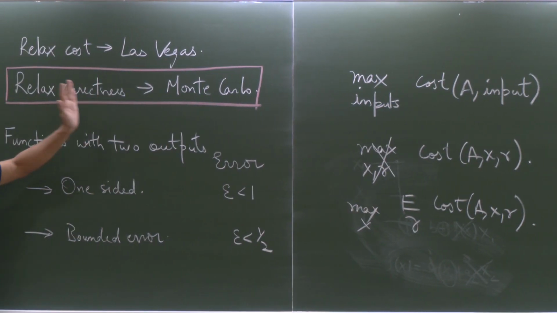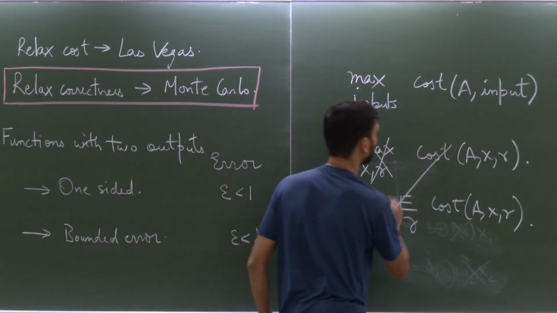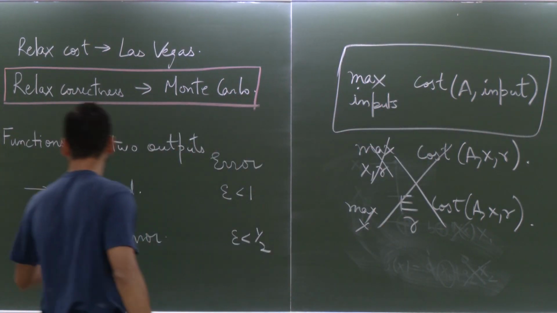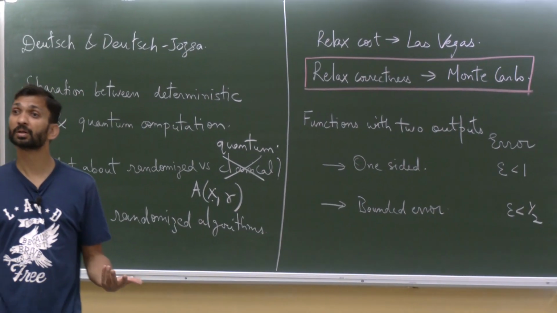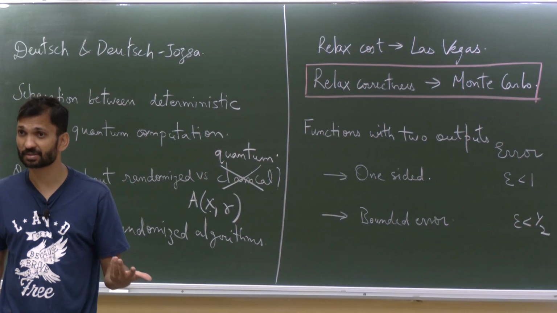But the main relaxation is when we still consider this cost, but then we say that the algorithm only needs to be correct on a large fraction of R's, right?